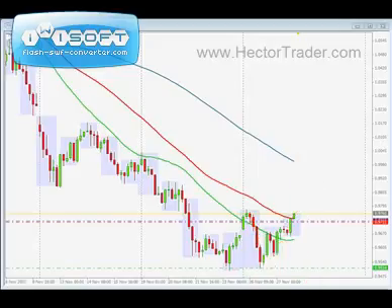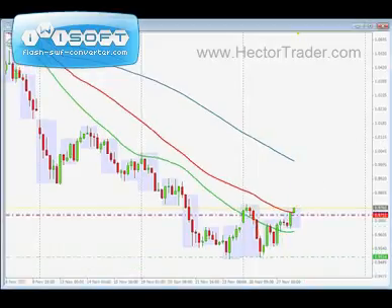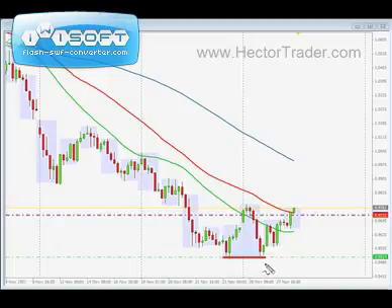Like I said, that's one of the reasons why I like to exit half of the lot size at that precise level, just in case we form a double bottom, and from that we continue moving against the trend.